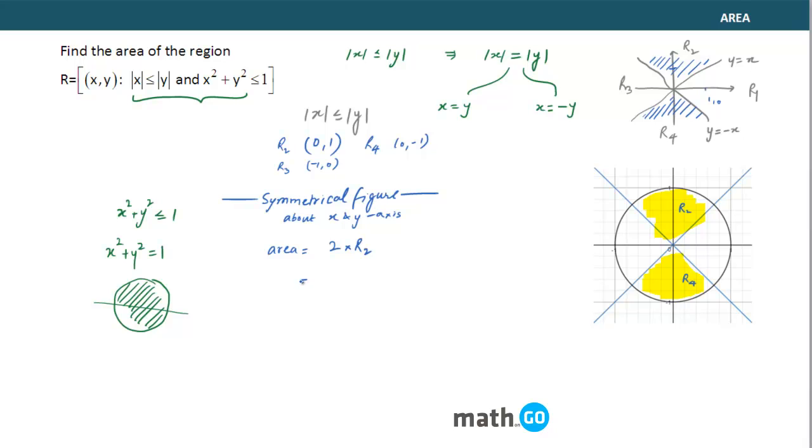So the answer would be nothing but 2 into, now how do you find this? For this, obviously you need to find two points first, this A and this B. And in fact, if you want to find from A to B, you will have to split this into two parts, one portion and the other portion. But again, by symmetry, this sub-region of R2 will be equal to the other sub-region of R2.